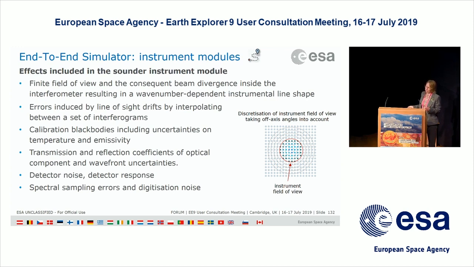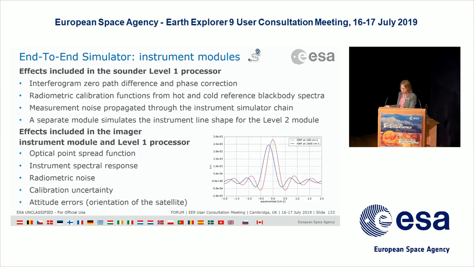And the instrument module also includes the level 1 processor, which encompasses interferogram zero path difference correction and phase correction, radiometric calibration functions from hot and cold reference black body spectra, and measurement of noise propagated through the instrument simulator chain.